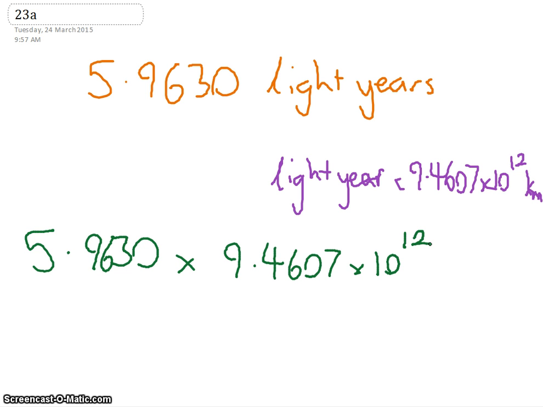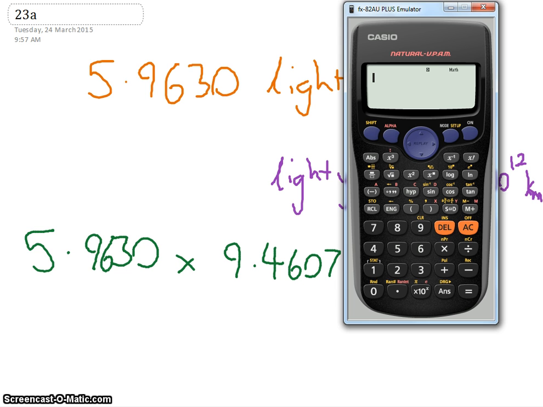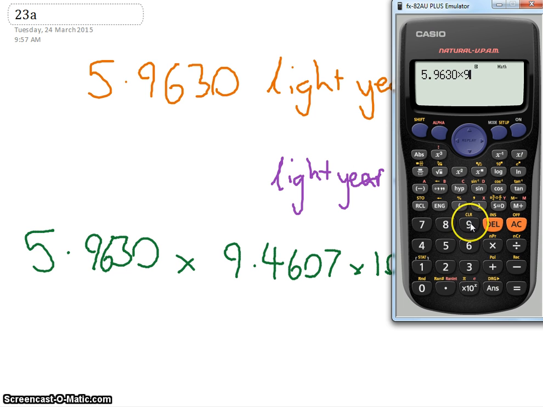You need to be able to put it in exactly like this. There is a button on your calculator, with the X and Y. There is actually a button there, if you have a look, above the log. It's a 10 with the number above it. There's another one down here, which is your scientific notation one. So you can put in 5.9630 times 9.4607 times 10 to the 12.